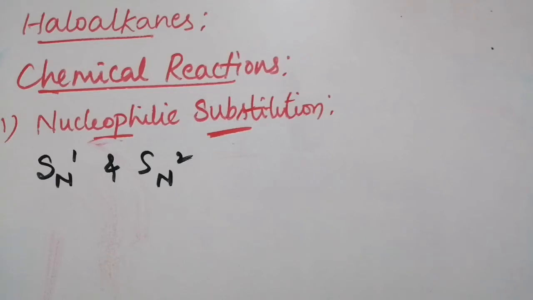Most probably they'll ask only for 3 marks. What is SN1? What is SN2? We will see it now. We have a separate mechanism for that. We have to study the mechanism.